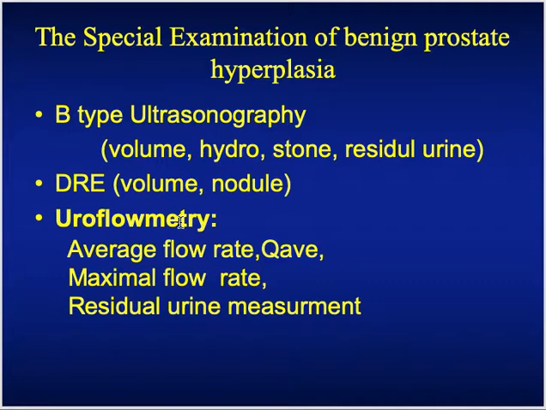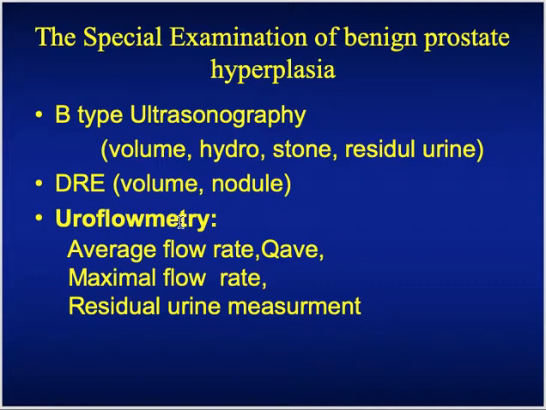Basically, they pass a catheter in the patient, and after passing the catheter, they check the pressure changes of the bladder, the pressure changes formed by the detrusor muscle, and they also check the urinary flow rates.